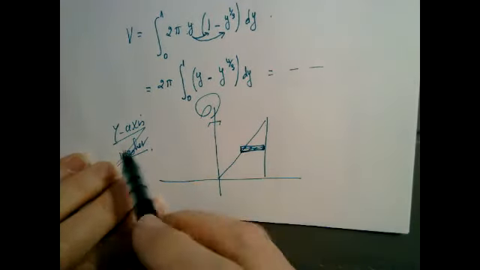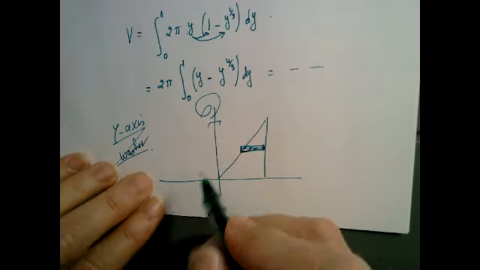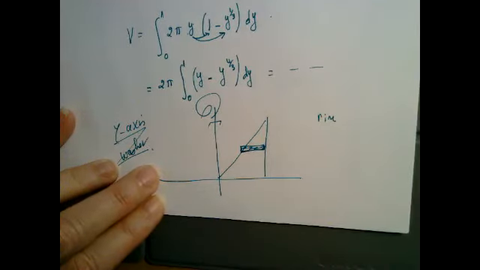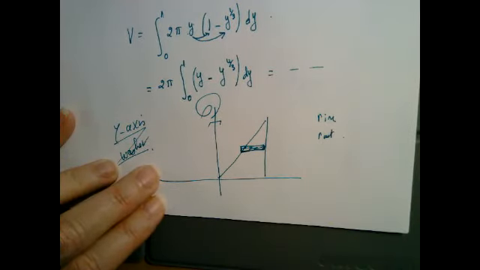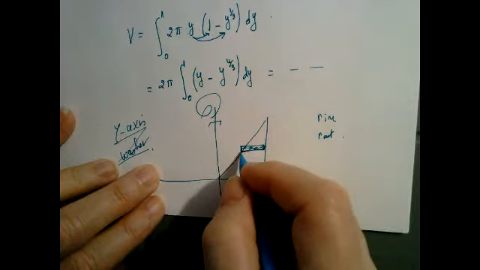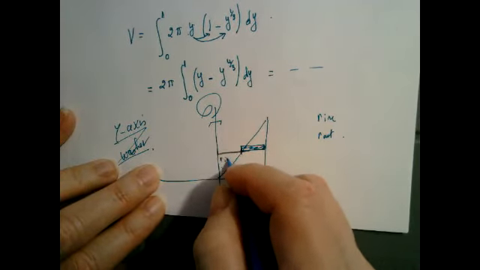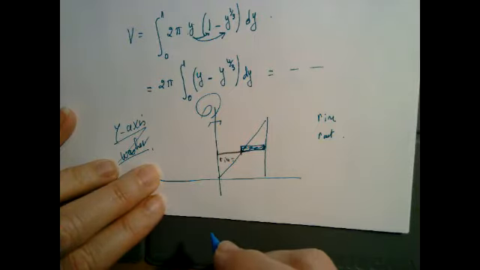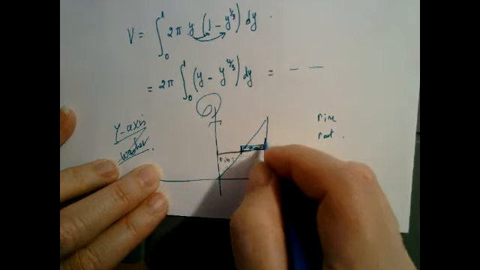All right, so in this scenario, if I want you to label, what do I mean? If there is a washer, I want you to tell me the inner. Where is the inner? I want you to tell me the outer. So in this problem, the inner would be from here to here. That's your inner radius. That's what I mean. The outer is from here to here.